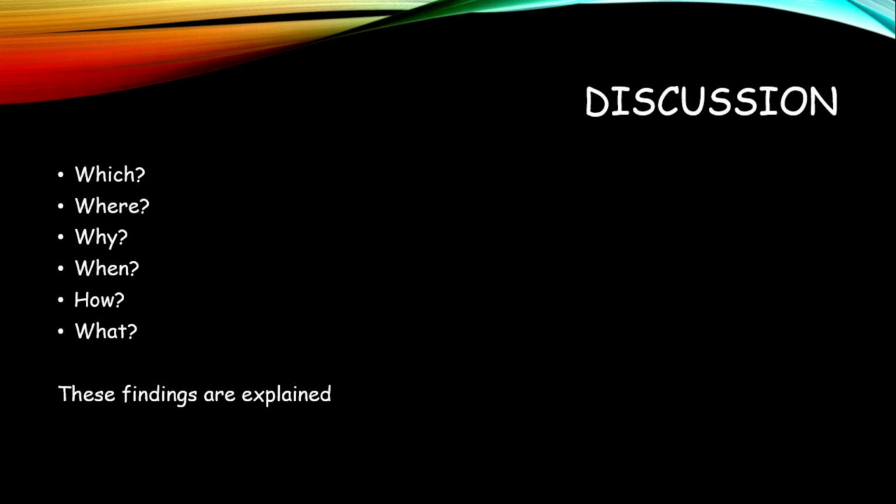Now, discussion. I like to say to my students, your discussion is your which, where, why, when, how, and what. And these are explained. All right? Your which, where, why, when, how, and what.